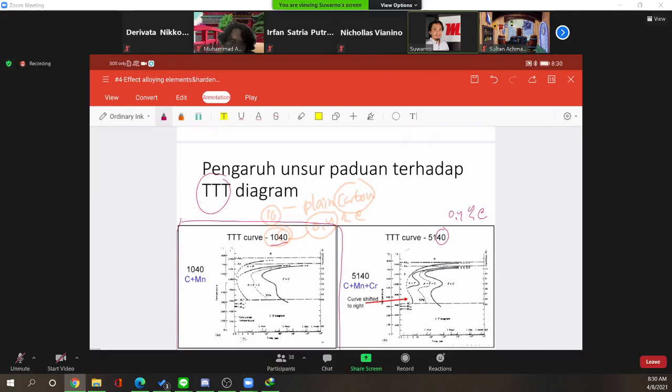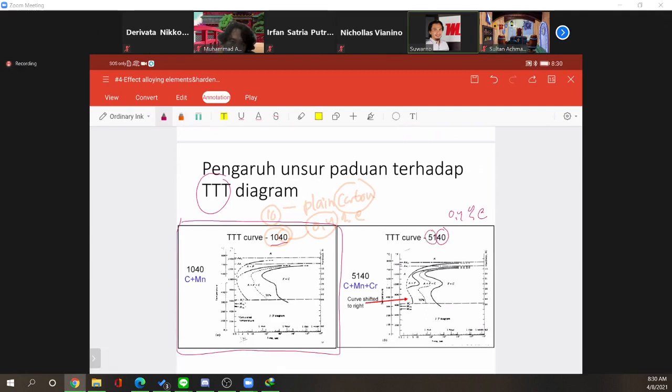And then 51 tells you that there is an additional alloying element in the steel. And what elements are they? Manganese and chromium. So if you put in manganese and chromium, you have another type of steel, which is 5140 alloy steel, basically this steel with the addition of manganese and chromium.